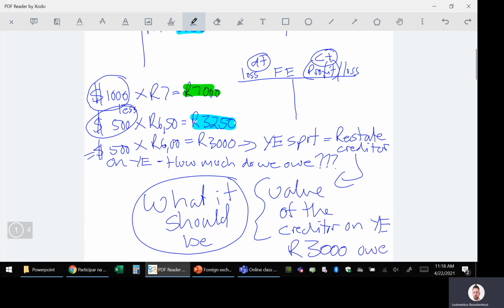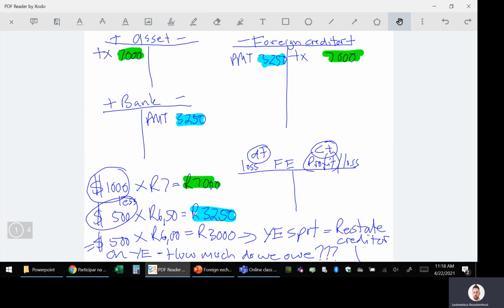All right. So if we look at the creditor, we had a transaction amount of 7,000 less 3,250. And now we must have a balance at the year end of 3,000. So if we balance this account, and this is now just basic accounting, debit side is the highest. So our total should be 7,000.